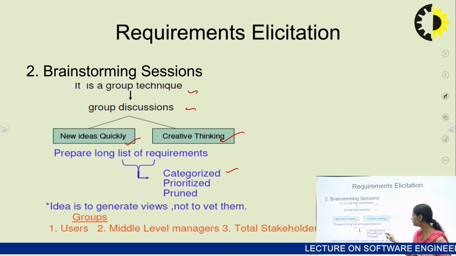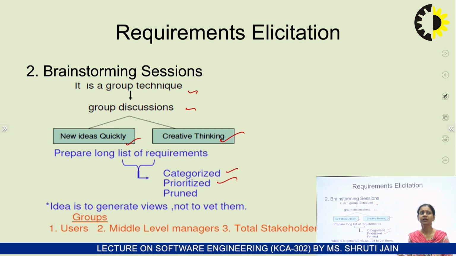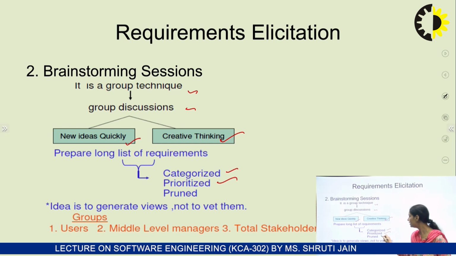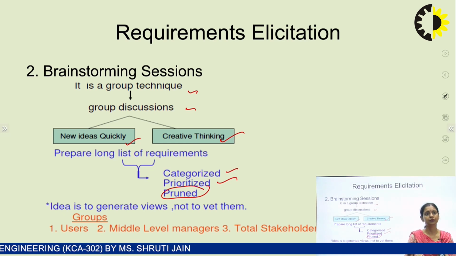So on the basis of the model that the team is taking, they prioritize the requirements, like in the first model what will be executed and given to the user, and later on what all things will be taken up. It is prioritized, and the non-required ones, or the ones that the development team thinks are not of any use, are pruned, they are removed.